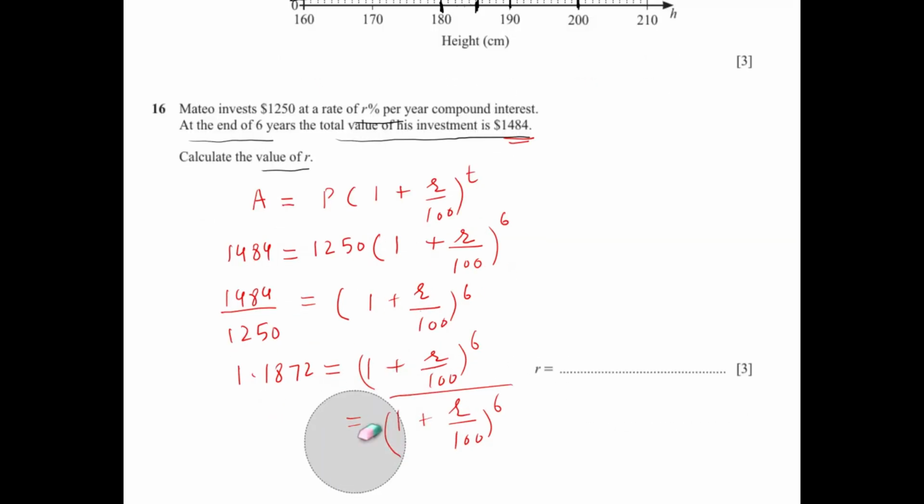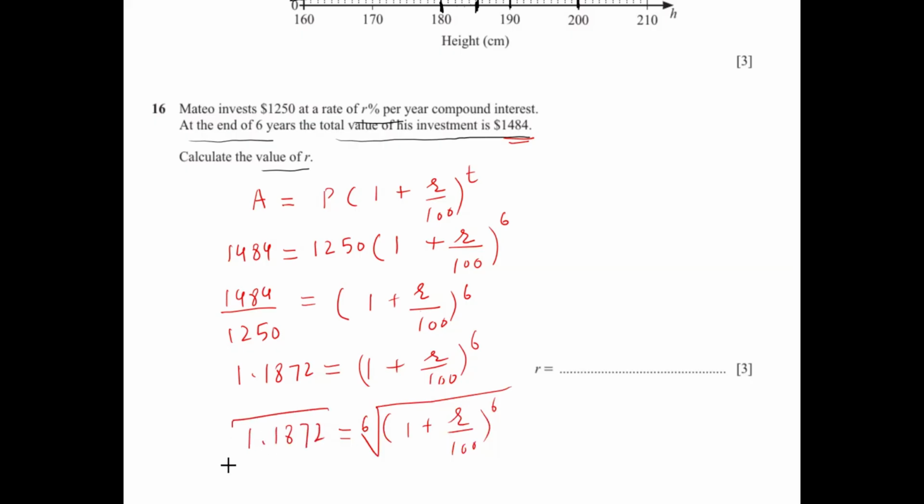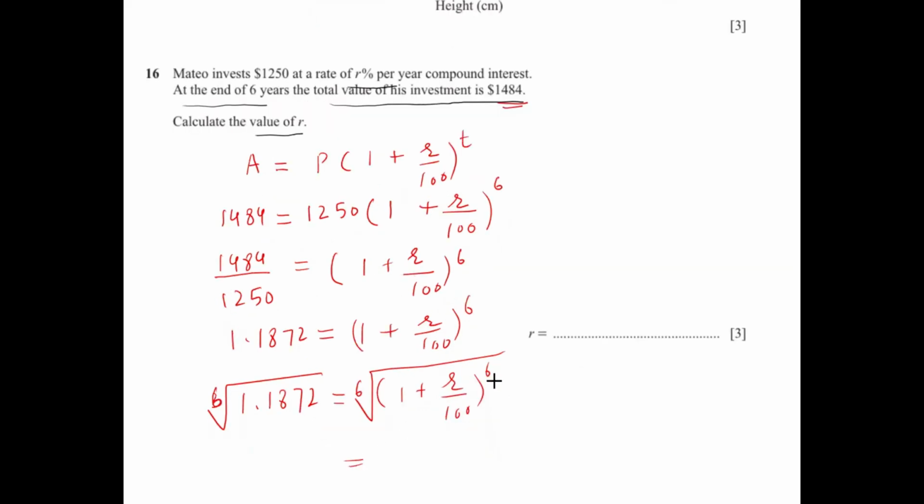To calculate the value of R, we will take the 6th root on both sides. On the right side, 1 plus R over 100 whole power 6, the 6th root cancels the power 6. This value becomes 1 plus R over 100, and the 6th root of 1.1872 is equal to 1.029.